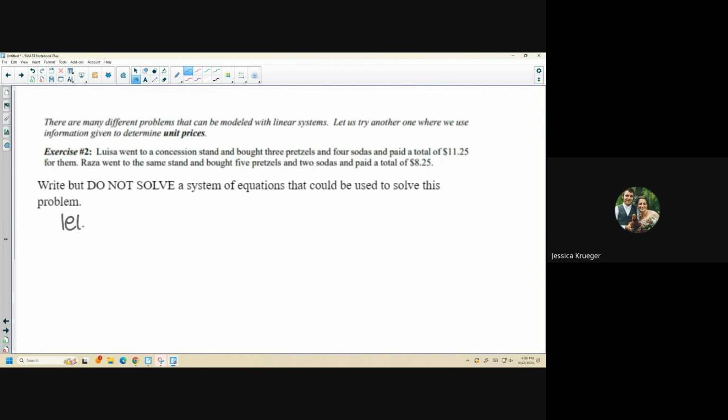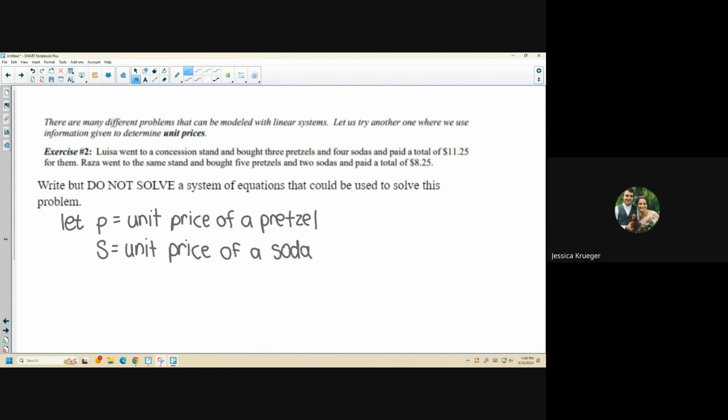So I'm going to let P equal the unit price of a pretzel. And I'll let S equal the unit price of a soda.